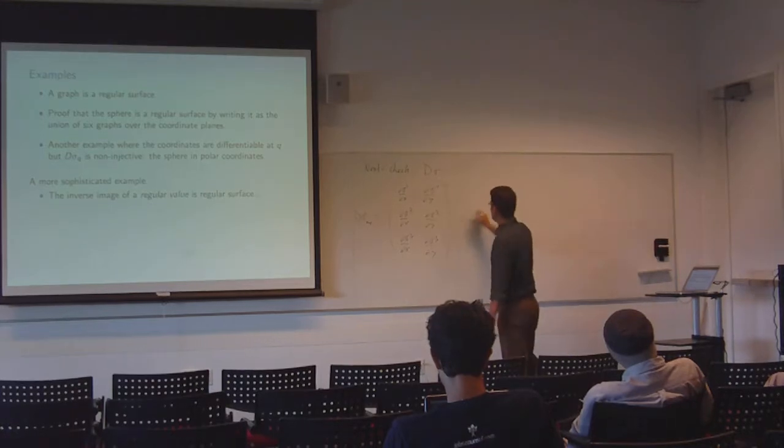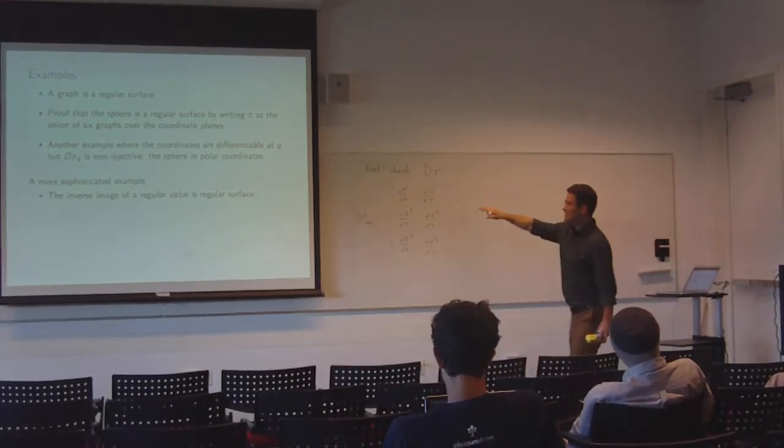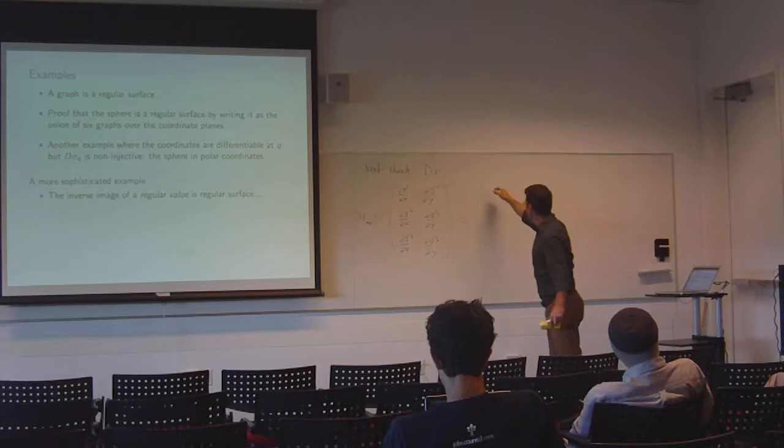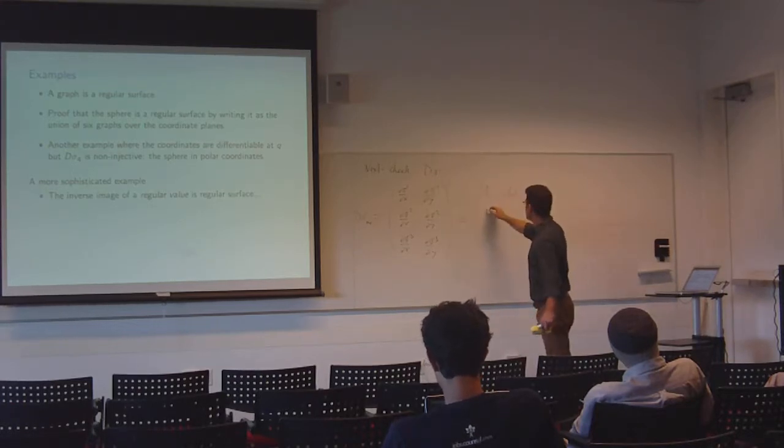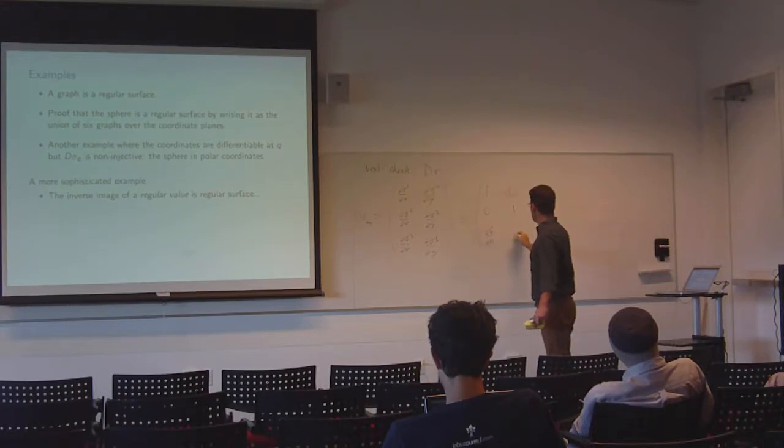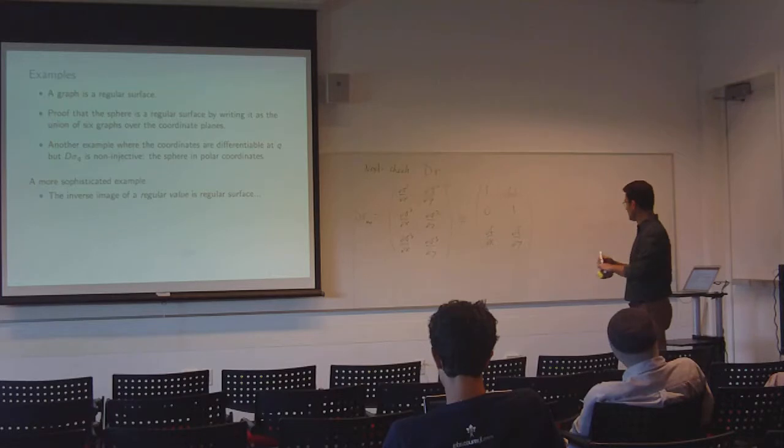Okay, let's figure it out. Easy peasy, right? So sigma 1, you get a 1 up here, you get a 0 up here, you get a 0 here, you get a 1 here, and you get df by dx and df by dy downstairs.